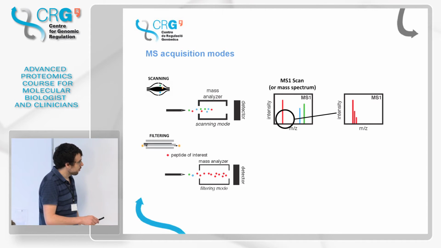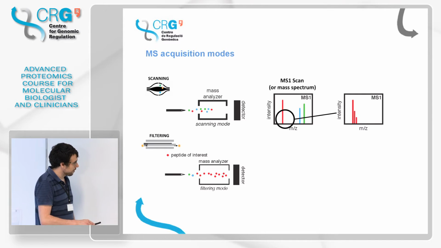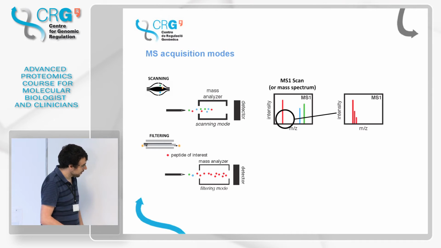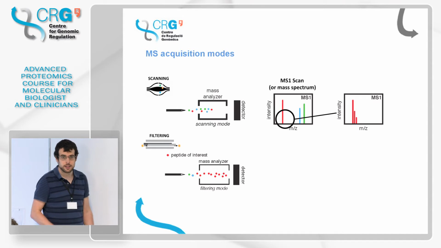But I can also operate this simple mass spectrometer, which has only one ion source, one mass analyzer, and one detector, in filtering mode. There are several things eluting from my column because the sample is exactly the same, but now I'm interested in a single peptide, the red one. Therefore, I set up the voltages so that only the red one can pass through the mass analyzer and hit the detector.